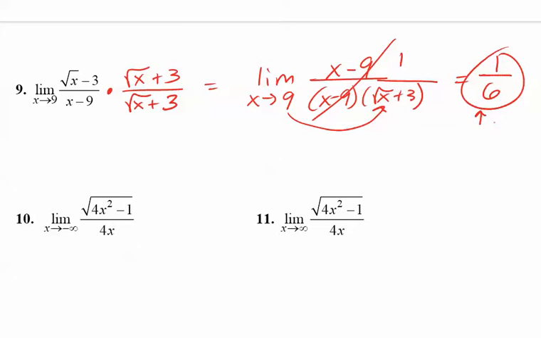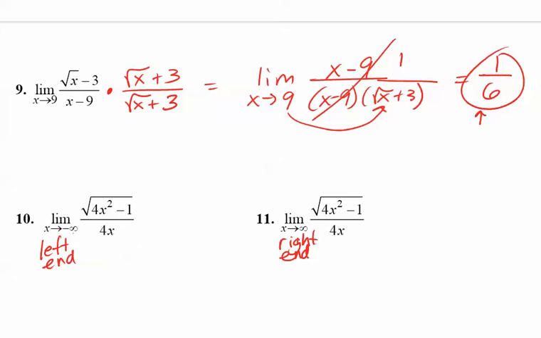All right, number 10 and 11 also have a square root, but not in binomial terms, so we can't do that rationalizing. But notice that we're looking at our end behavior. So here we're at the left end of the graph, and in 11 we're at the right end of the graph. So we're looking for horizontal asymptotes here.